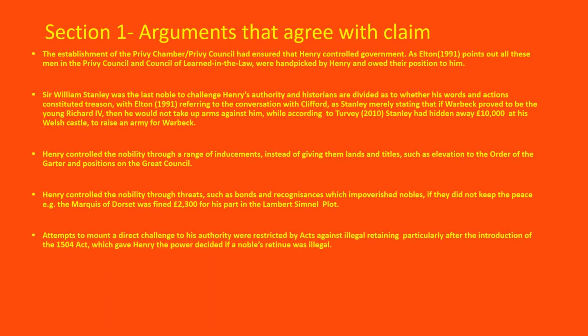Attempts to mount a direct challenge to his authority were restricted by acts against illegal retaining, particularly after the introduction of the 1504 Act, which gave Henry the power to decide if a noble's retinue was illegal. The succession of Henry VIII was not challenged, the first unopposed heir since Henry VI.